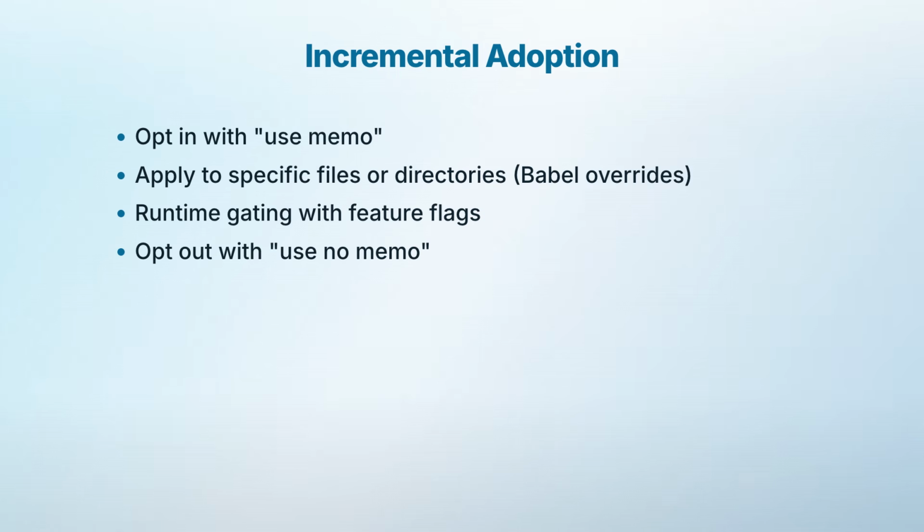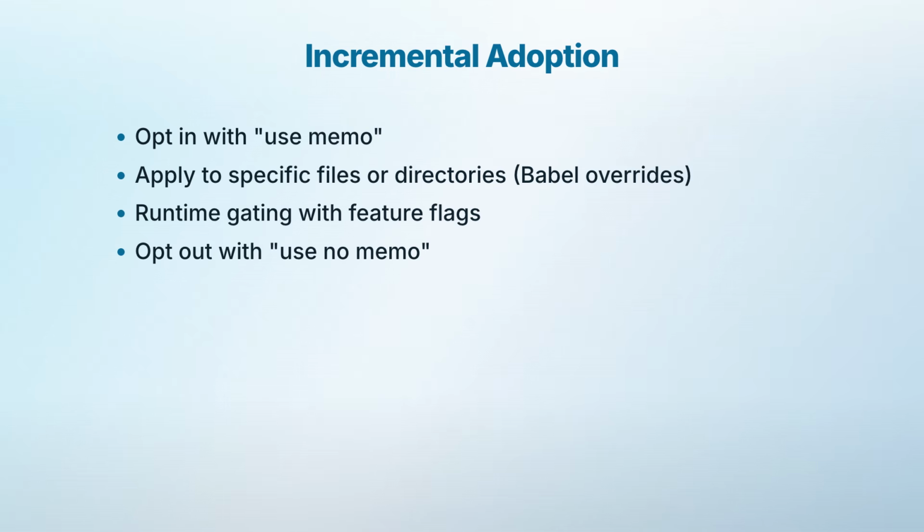React compiler gives you fine-grained control over how it's applied. First, you can opt in at the component level using useMemo. That enables compilation only for that specific component or hook. Second, you can apply the compiler to specific files or directories using Babel overrides.